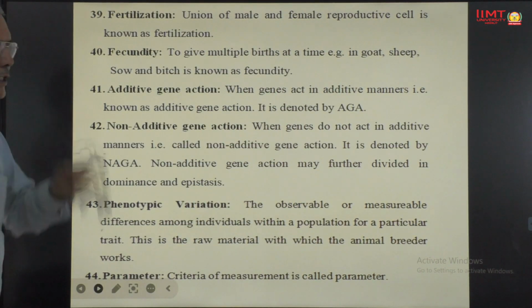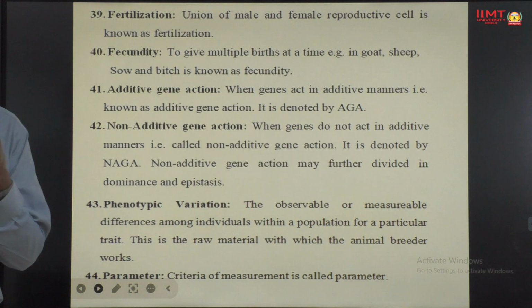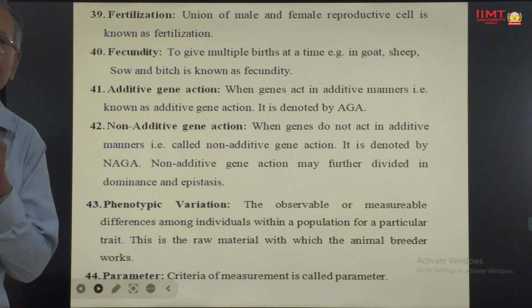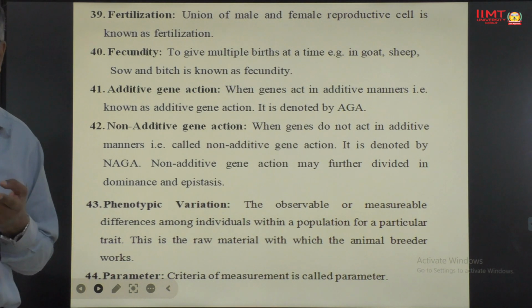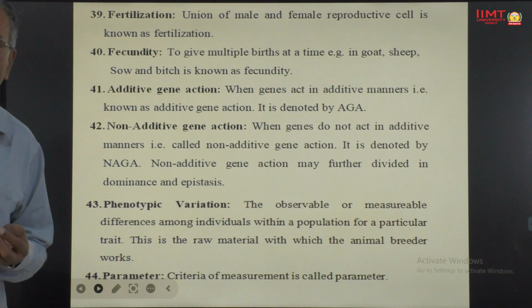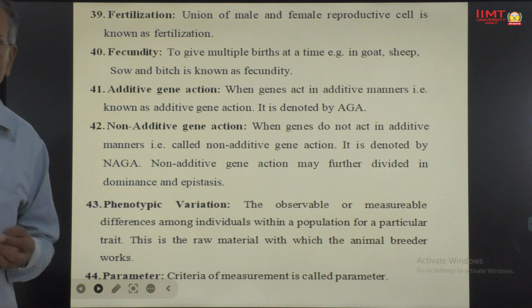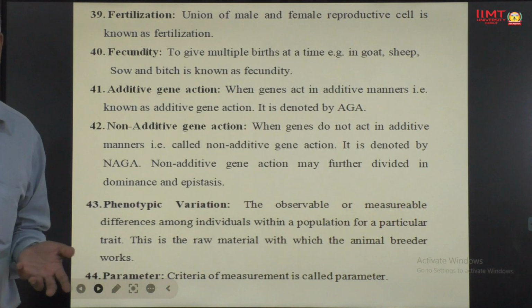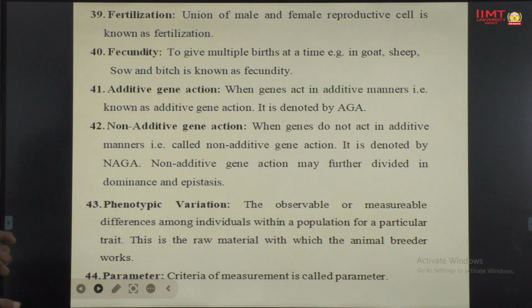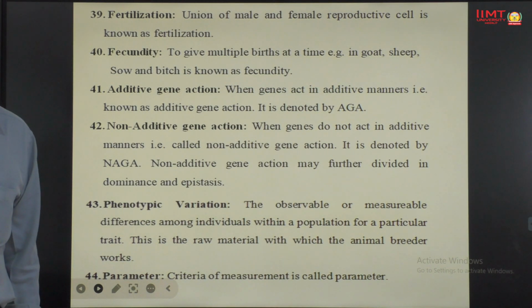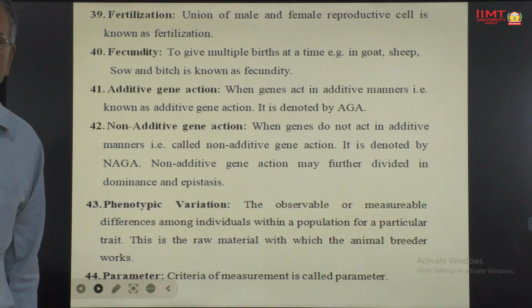What is fertilization? Union of male and female reproductive cells, or union of ovum and spermatozoa, is known as fertilization. What is fecundity? To give multiple births at a time.